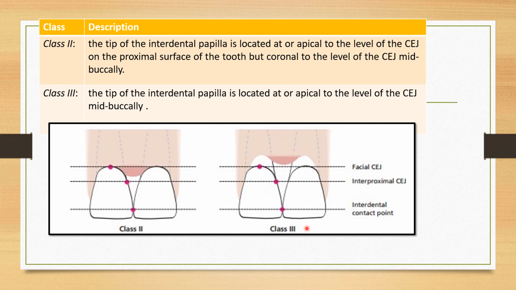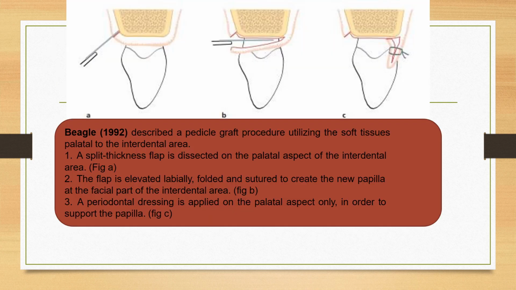So what is class 3? The tip of the papilla is located at or apical to the level of CEJ mid-buccally. So that means it is apical to this point. That is class 3. So this is the classification given by Nordland and Tarnow.